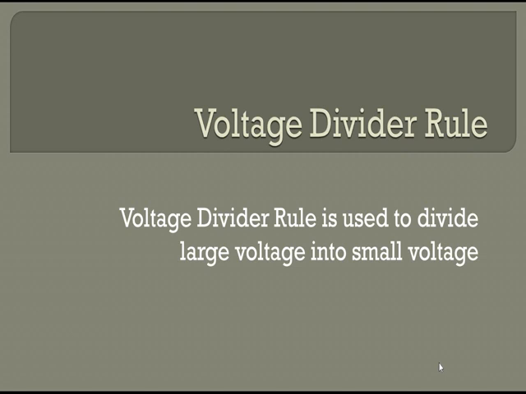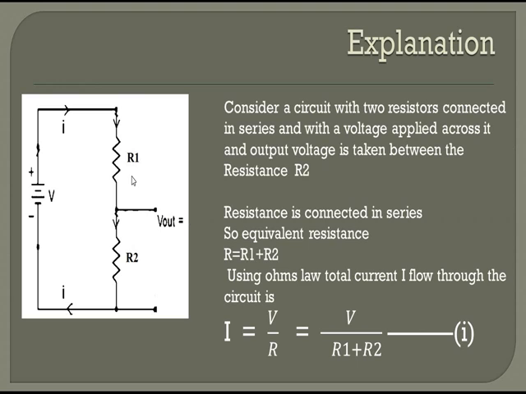Voltage divider rule. The voltage divider rule is used to divide or reduce a large voltage into a small voltage. The voltage divider consists of two resistors. Input is applied across the two resistors and output is taken in between the two resistors.